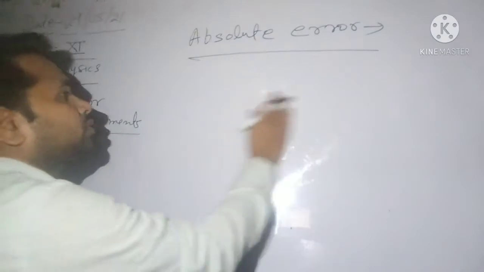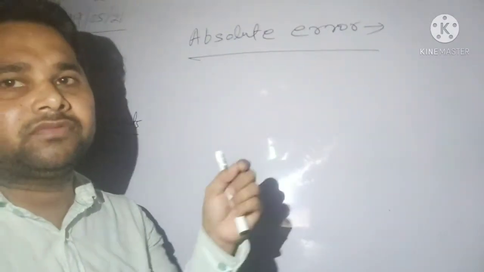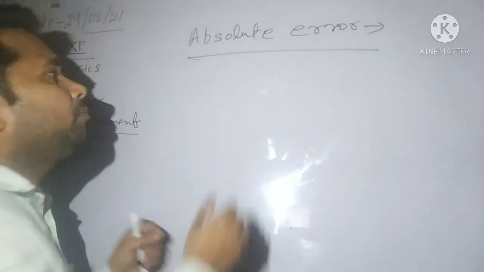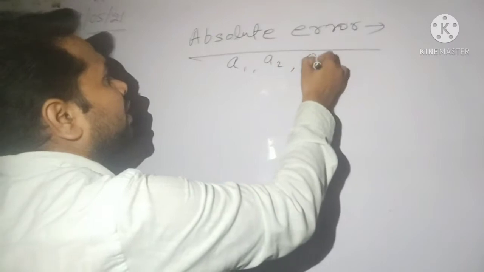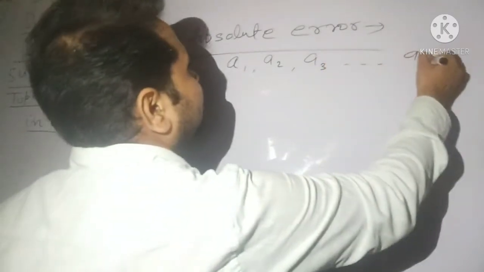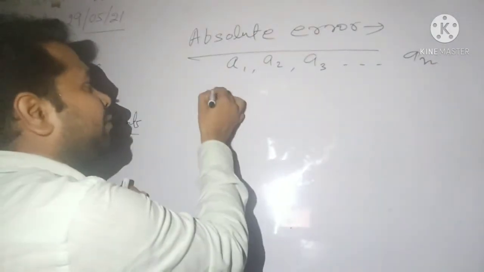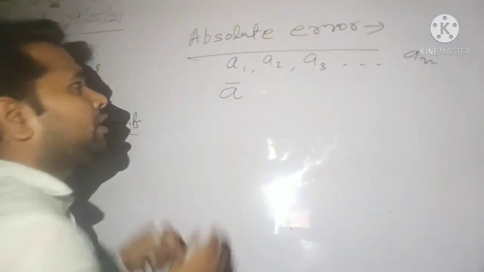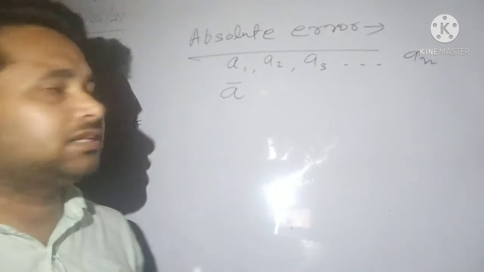Students, suppose in an experiment in which you are observing the quantity A, but the observations are A1, A2, A3, ... AN, and its true value, बताया मैंने, true value is represented by A bar. True value किसे represent करेंगे? A bar से.